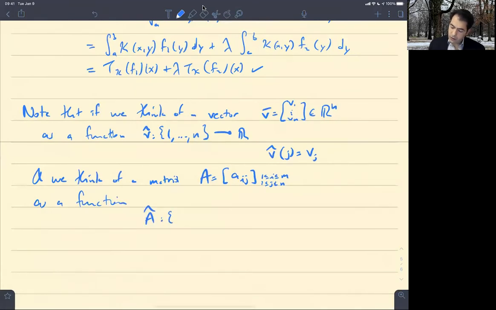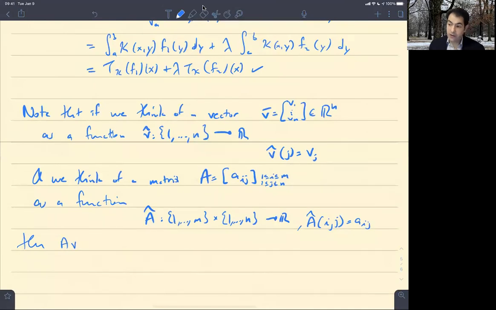A hat, where now it's just to each index. So I'm going from the set 1 through m cross 1 through n to the real numbers. Right, so this would be a hat of ij, it's just little a ij.